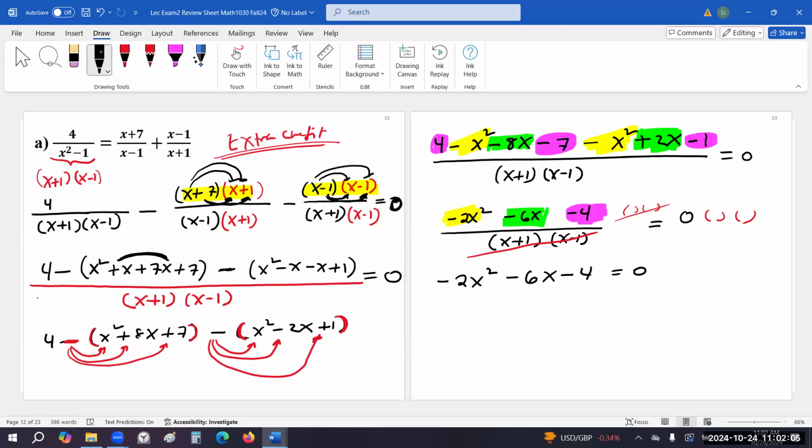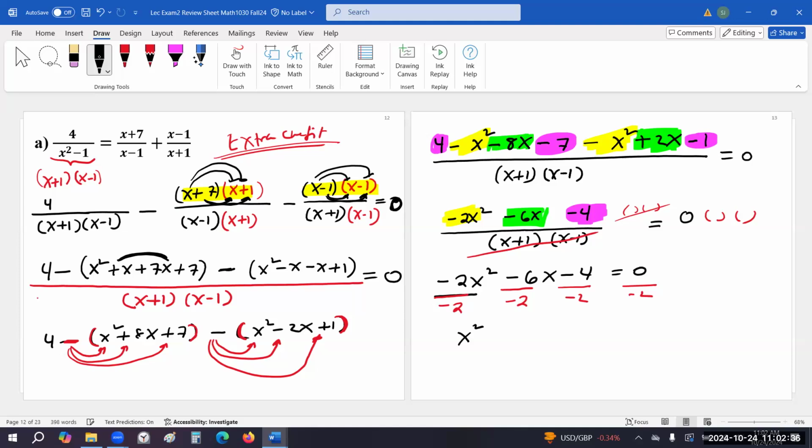So we have this. And what do you observe now about all the numbers? They're even, so they're divisible by 2. But right now, we are not going to divide by 2. Instead, we are going to divide by negative 2, because we don't want our x squared to be negative. So you divide everything by negative 2.